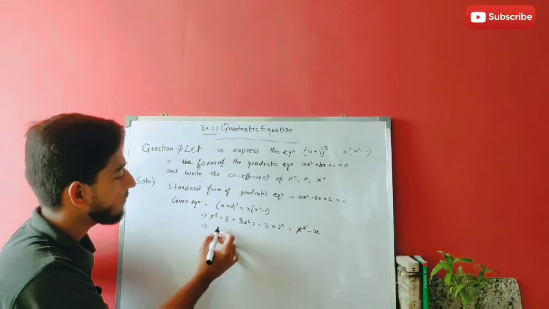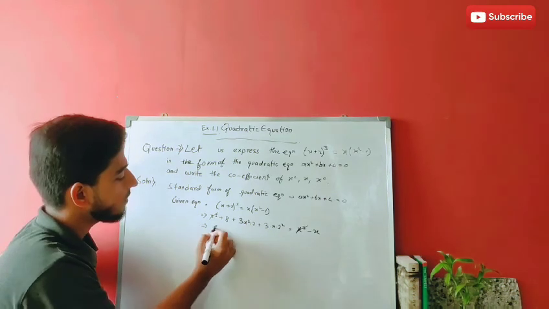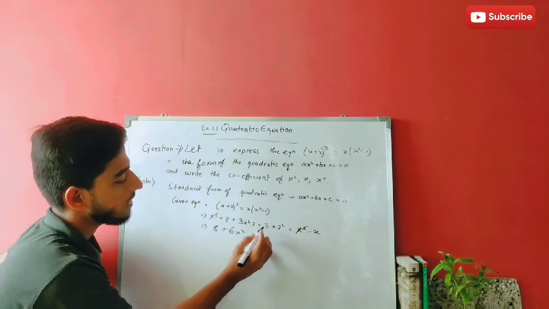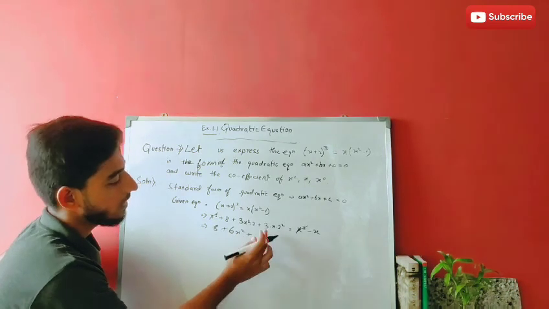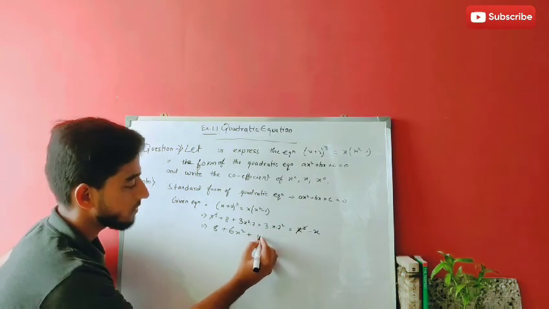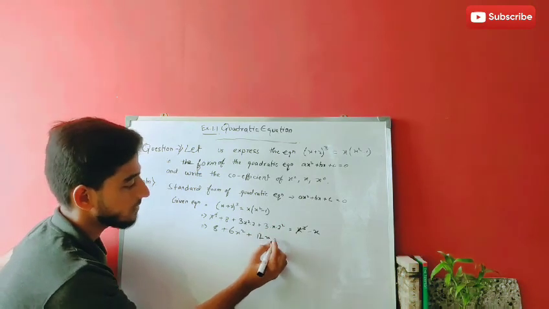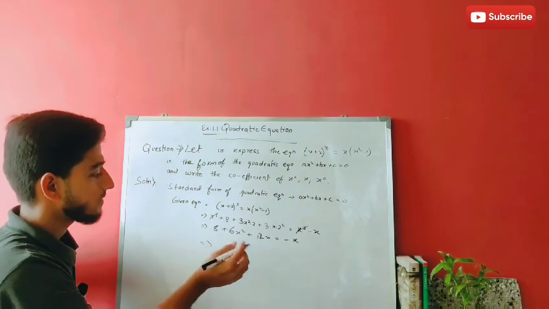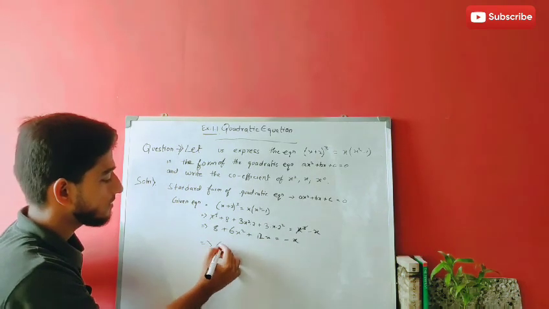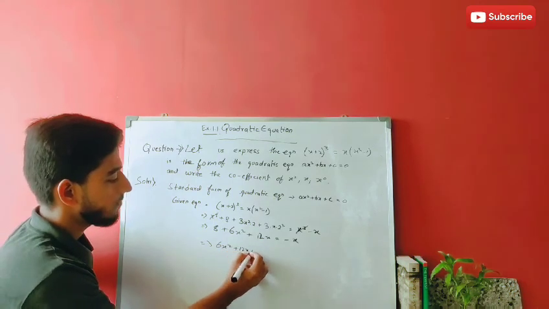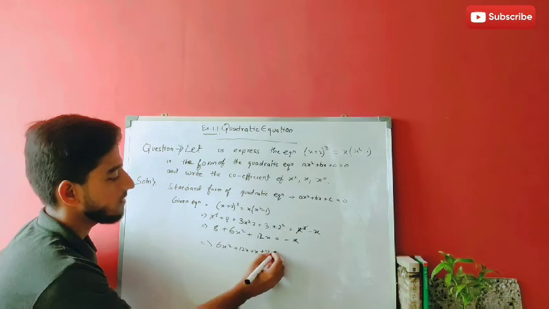So we are left with 3 into 2, 6x square, 3 into 2 twos are 4, 12x, plus 8, is equal to minus x. Now minus x will come over here, 6x square plus 12x plus x plus 8 is equal to 0.